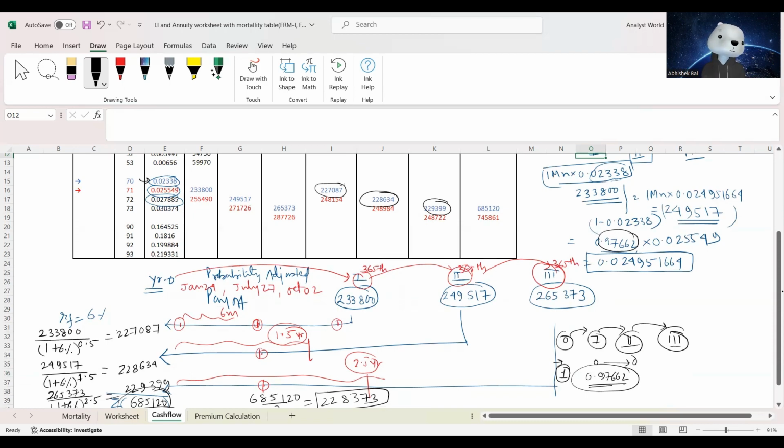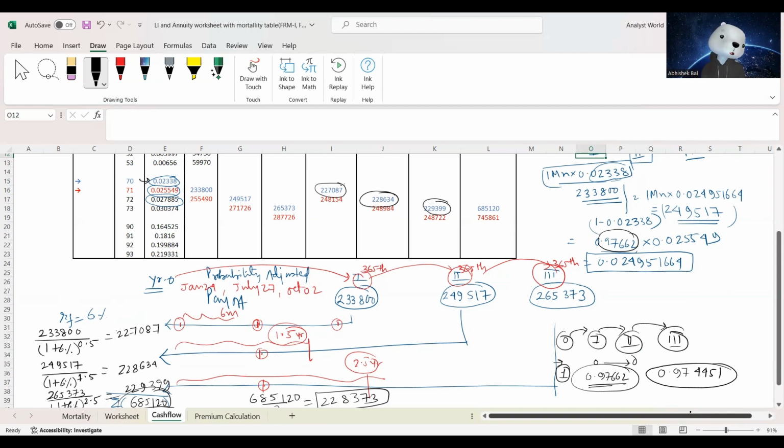So if we do it here, 1 minus 0.025549, it is going to be 0.974451, right? So now we have gotten the probability adjusted survival of this person over the next 3 years.